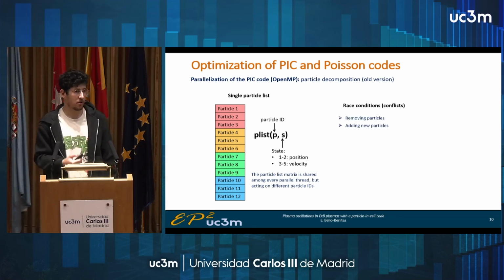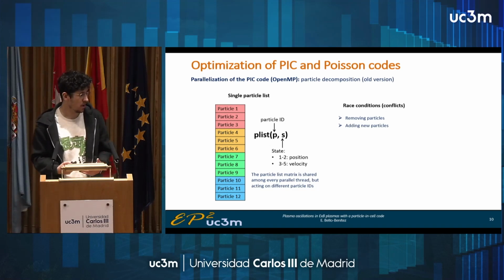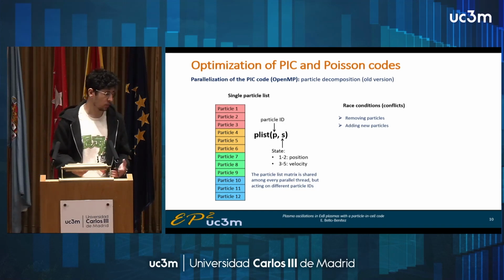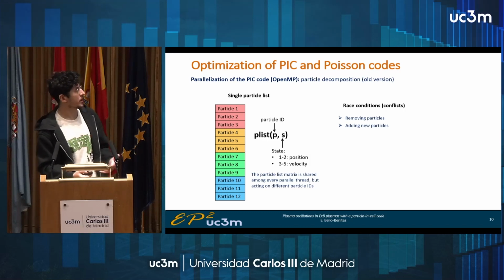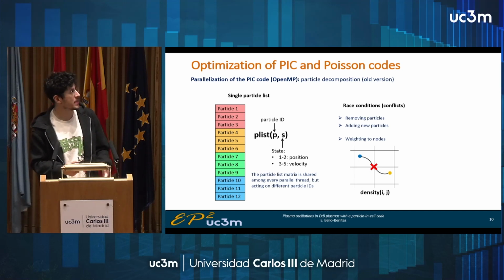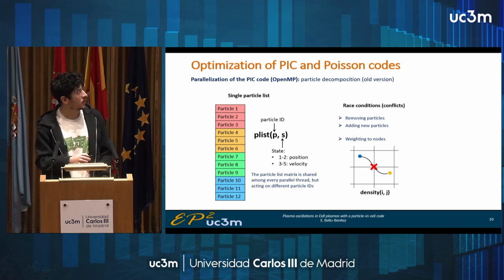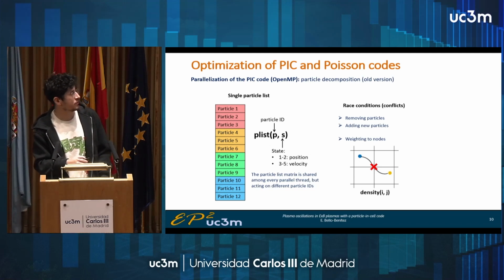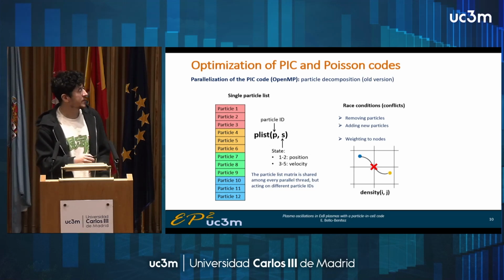Because we can have conflicts, we can have race conditions when removing or adding particles. Essentially, every time we want to access a memory location with two threads at the same time. This is also happening when we want to do the weighting operation. For example, if we are computing density, it may be the case that two threads try to update the density at one node with the contribution from two particles at the same time, and this is problematic.